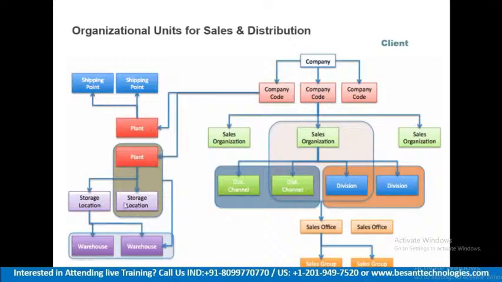Under the manufacturing plant, we will have storage locations, warehouses, and shipping points. This is just an example of the real business of Dr. Reddy's. Likewise, every business will have its own business flow. That business flow we have to create in SAP as the enterprise structure. So this is the structure which will replicate the actual business flow.